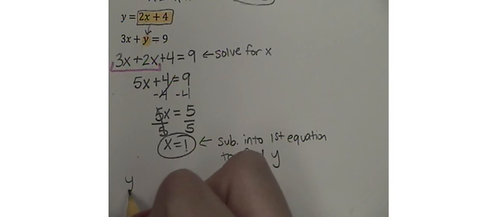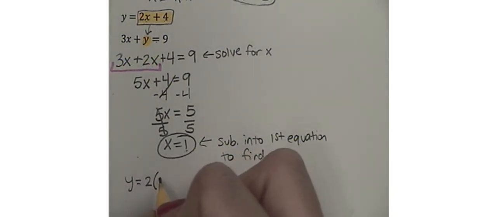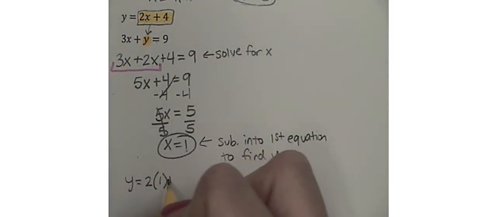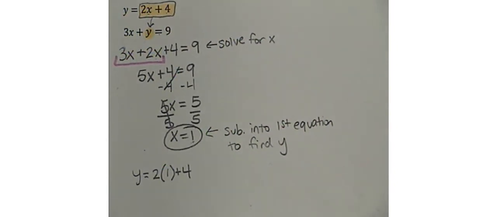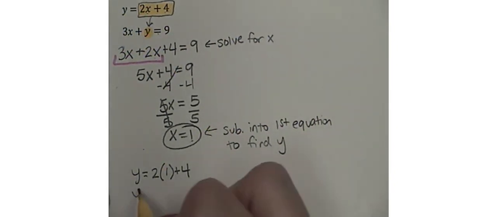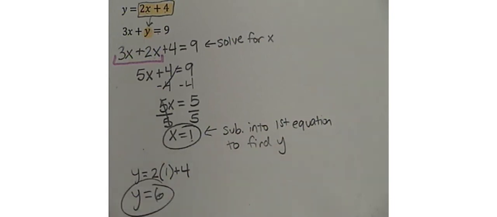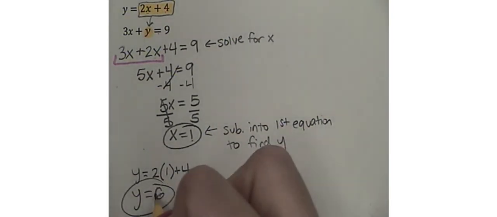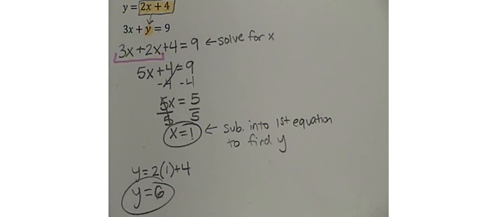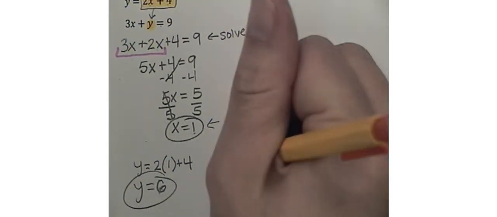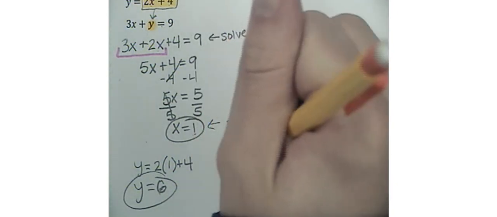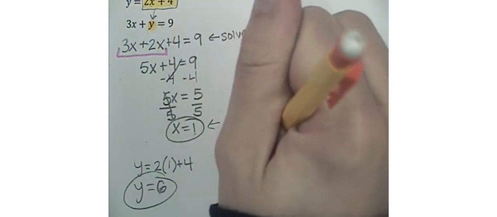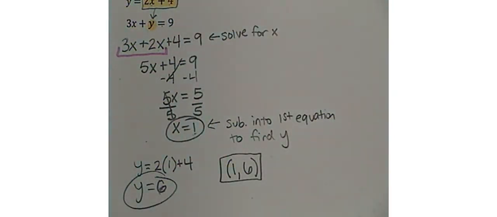So y equals 2 times x, which is 1, plus 4. Two times 1 is 2 plus 4. So y equals 6. So then if we were to write this as an ordered pair, x comes first, comma, y. So our answer here is 1, 6.